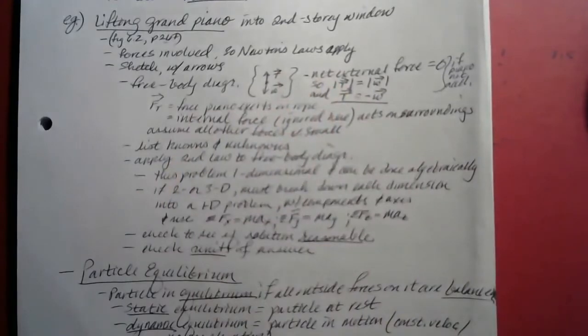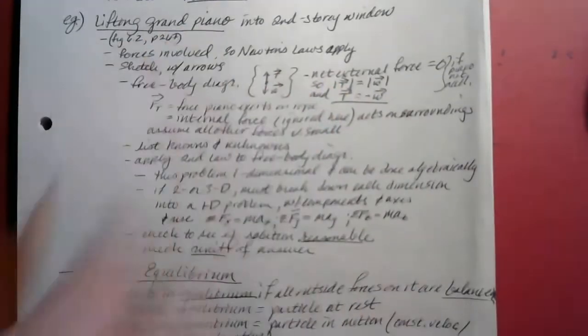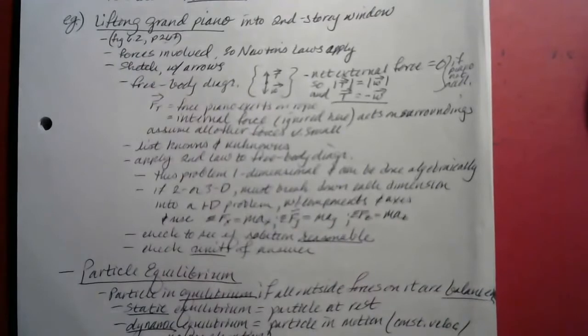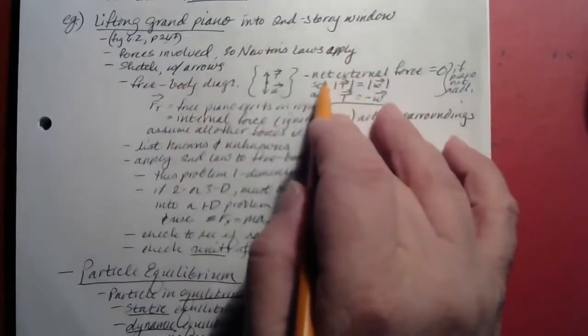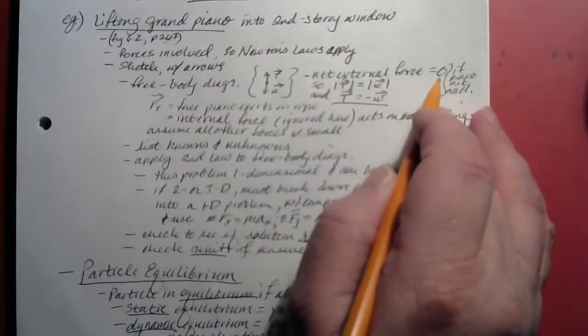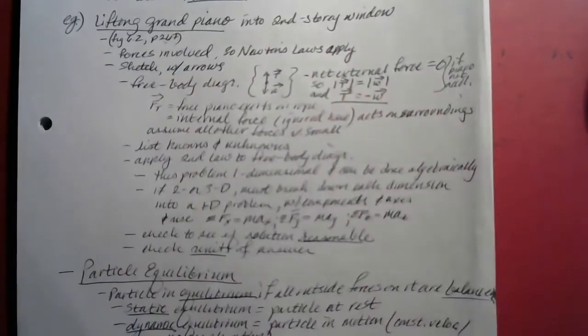The situation that's shown in the picture is the piano just hanging there, about to go through the window, but not actually going through the window. The net external force would be 0 at that point because the piano is not accelerating in any direction. In fact, at that moment, it's not moving in any direction either.